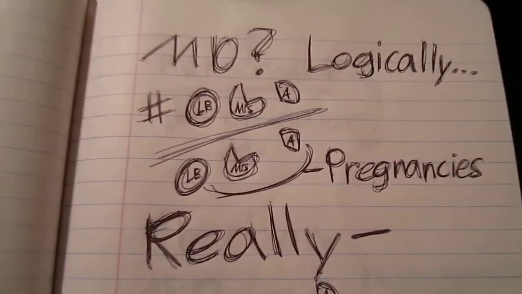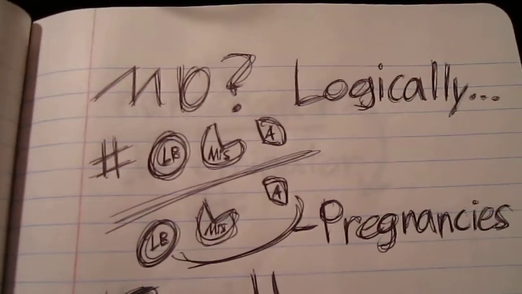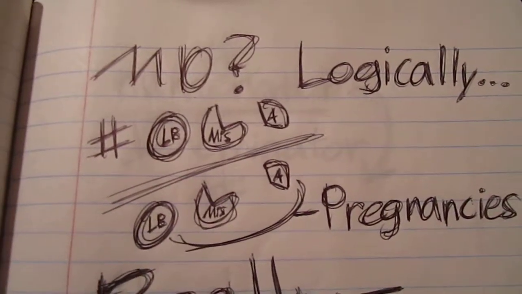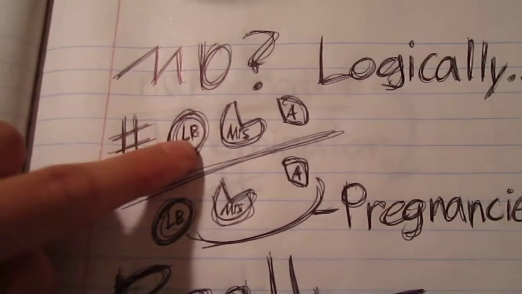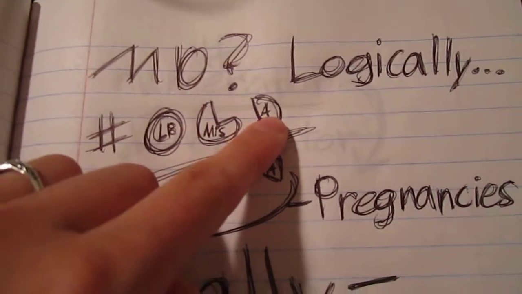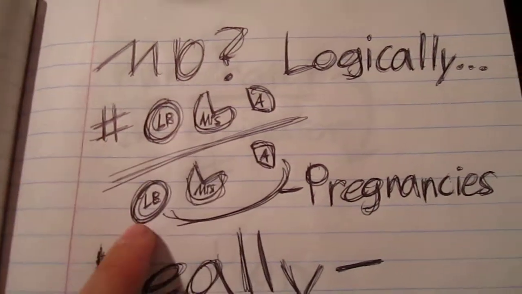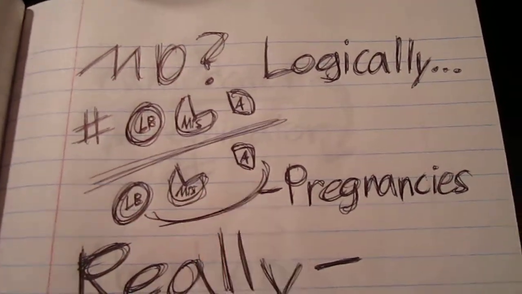So, how do these pie pieces fit in? Logically, you would think to find the ratio for maternal deaths that you would take the number of deaths from live births, miscarriages, and abortions, and take that number over all pregnancies.